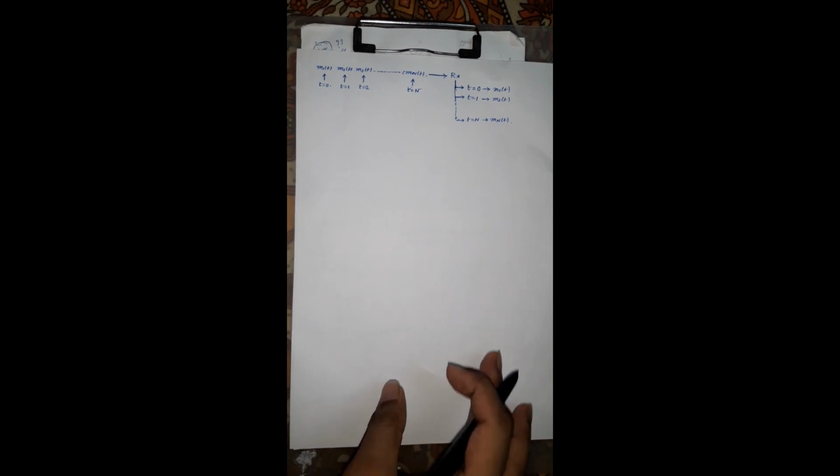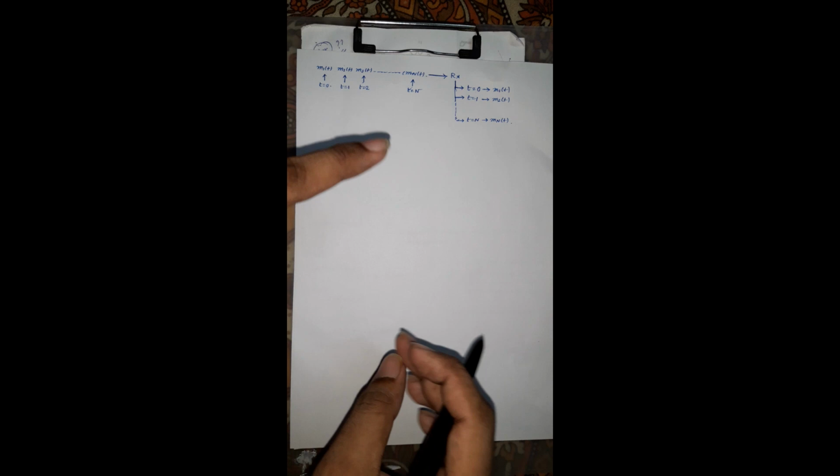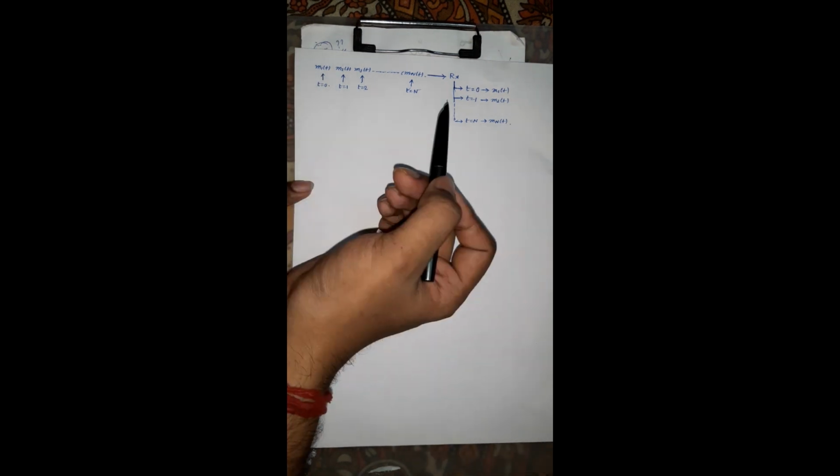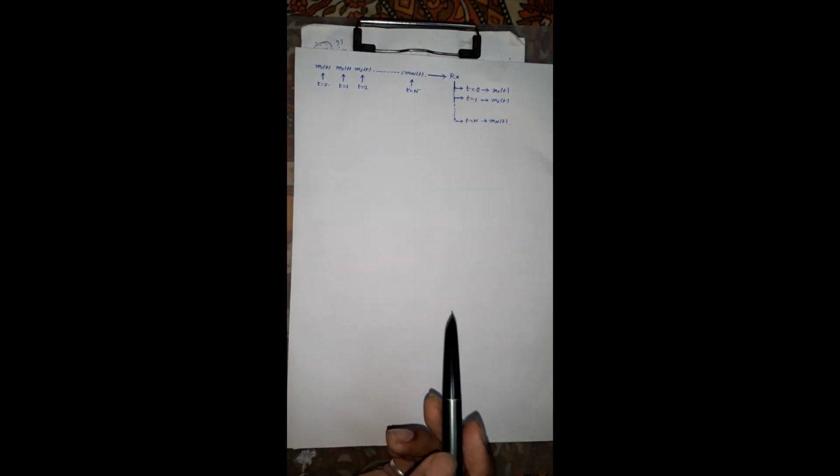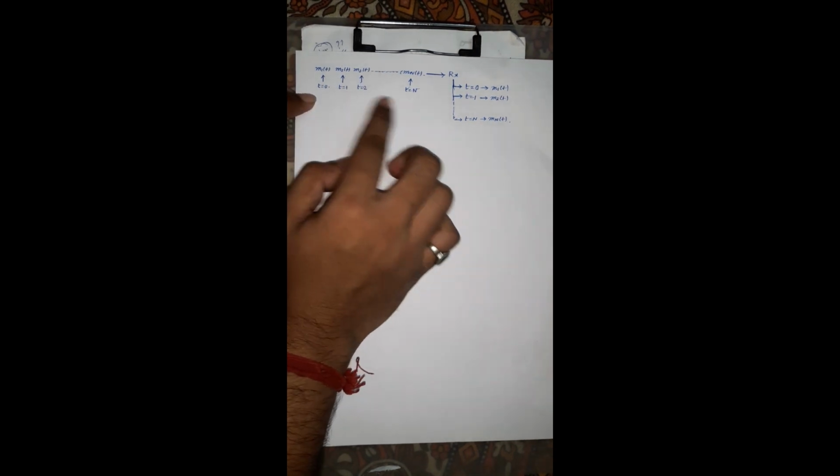The messages have been transmitted together through the channel, but at different times, and the receiver knows those times. So if the receiver samples the channel at t equal to 0, what will it receive?